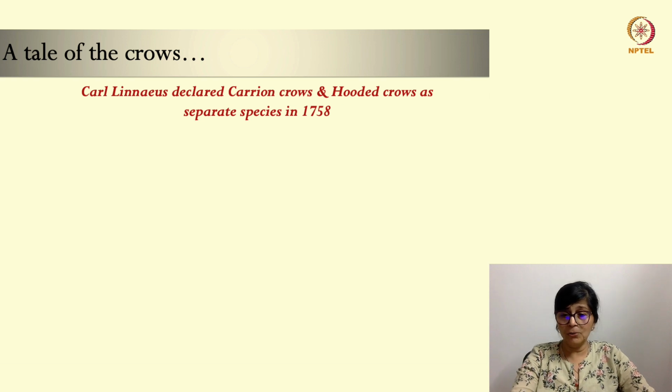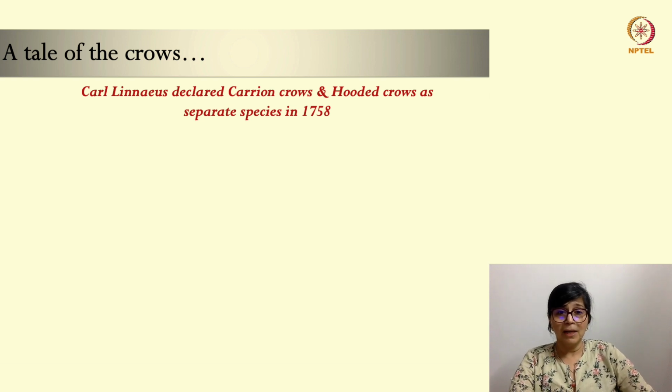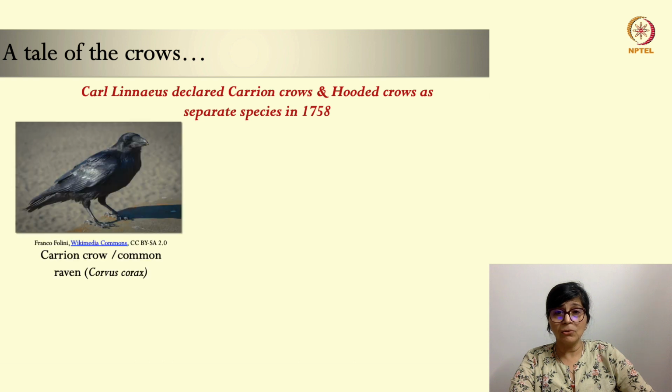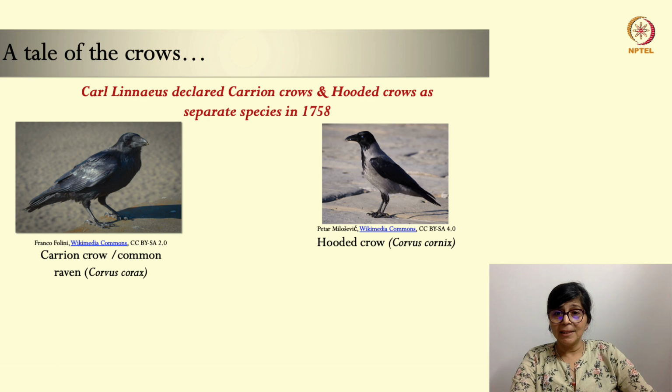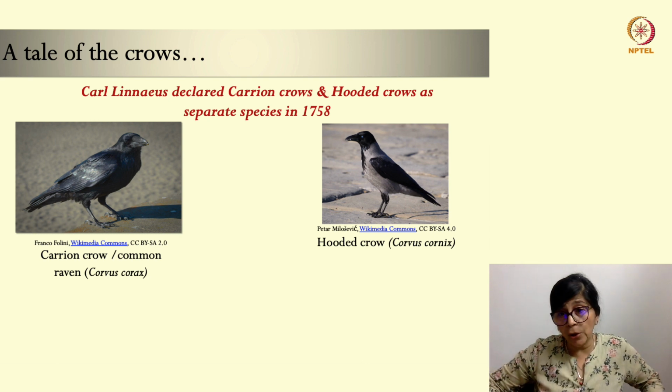We all know these crows. We have seen their pictures. We just know what they are called. So this is a common raven, which is also called a carrion crow. You can see Corvus corax, whereas this is a hooded crow. It's a gray crow, and it's a separate species, same genus, Corvus cornix.